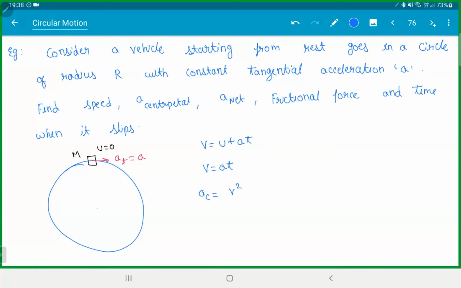A centripetal will be v square by r, which is a square t square by r. Net acceleration will be root over A centripetal square plus A tangential square. So this is how you get the A net acceleration.